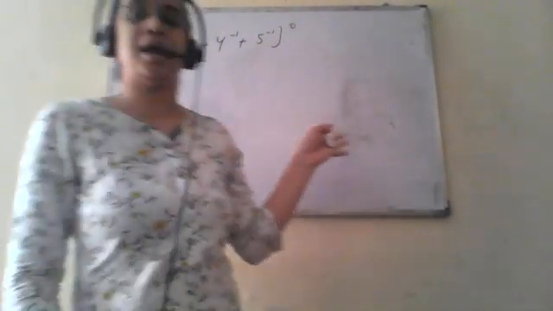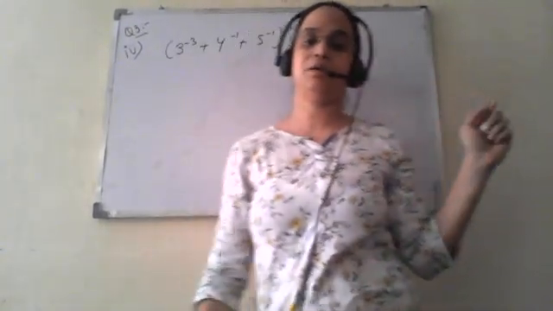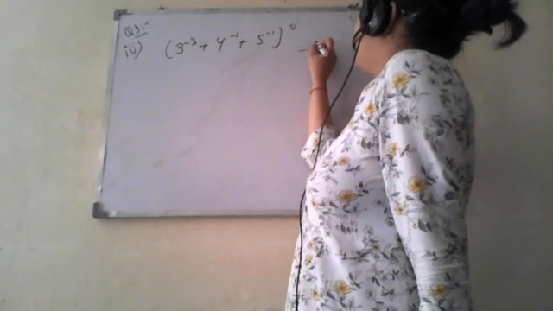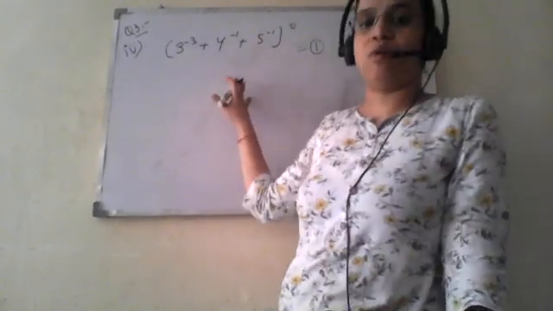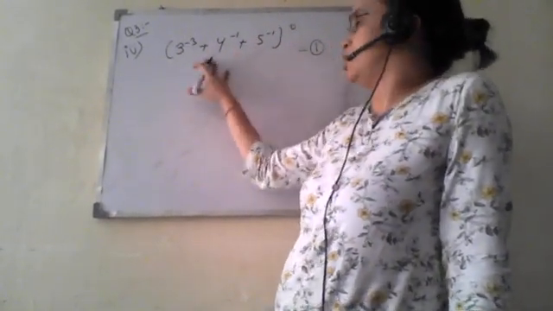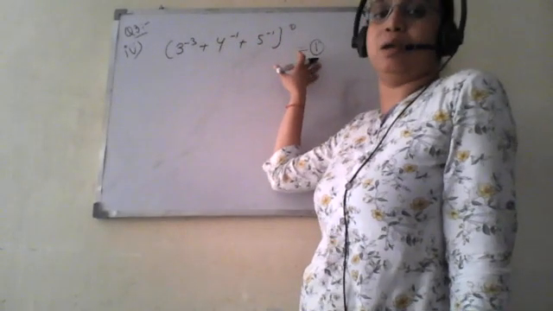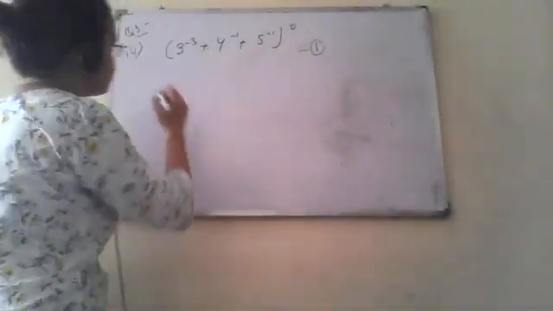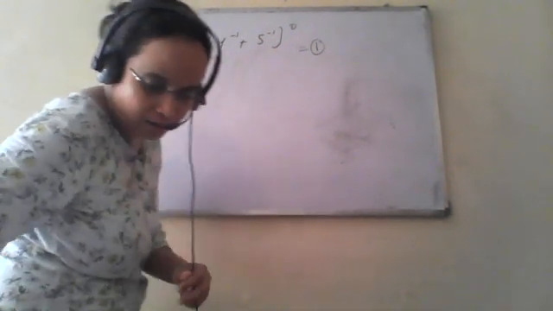Now, as I have explained, if we take any number and put its exponent or power as 0, its answer will always be 1. So we don't have to solve this, its power is 0. So we can directly put the value as 1.